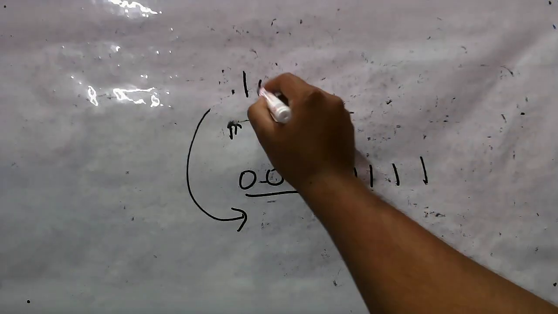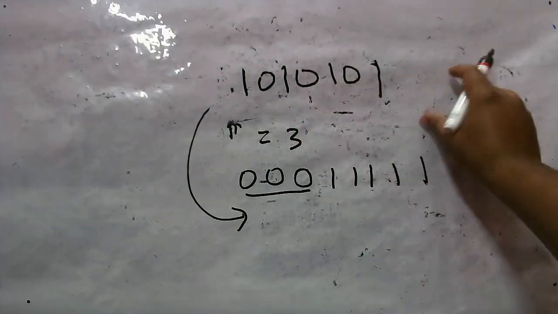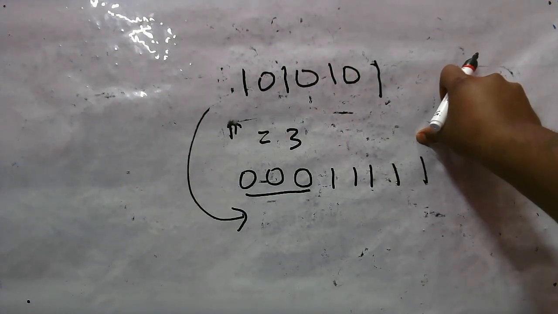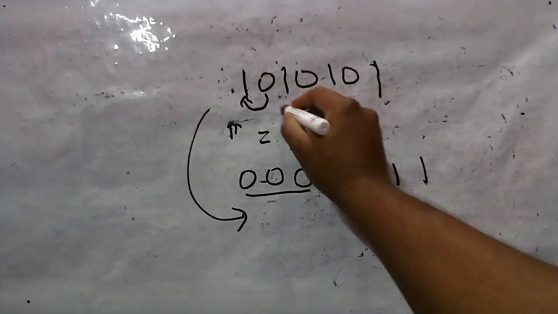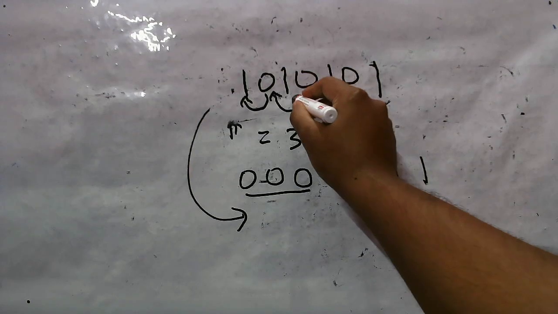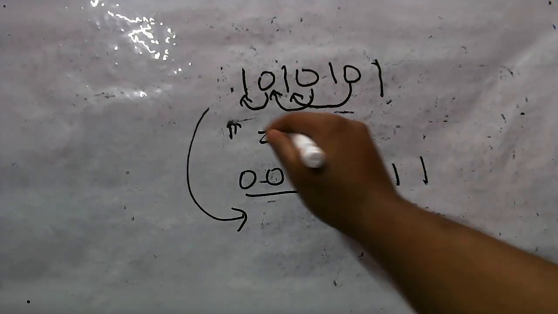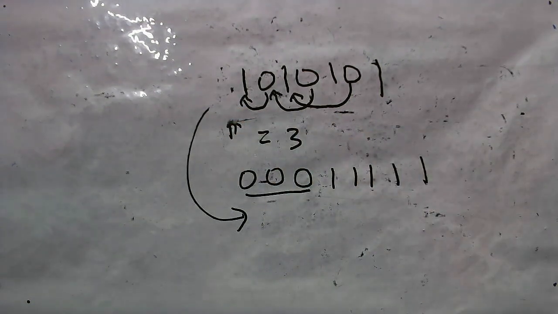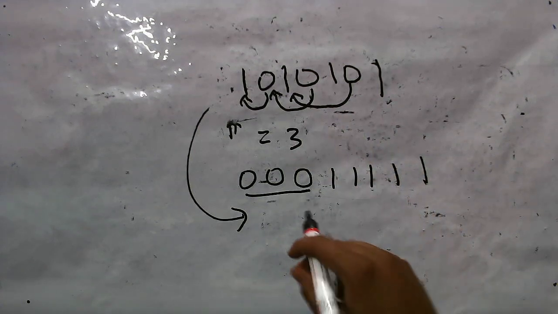So we had 1 0 1 0 1 0 1. For the sake of simplicity, this 0 needs to be shifted here, this 0 needs to be shifted here, and this 0 needs to be shifted here. If we do this, it will lead us to the minimum number of swaps, because we are only allowed to swap adjacent elements.